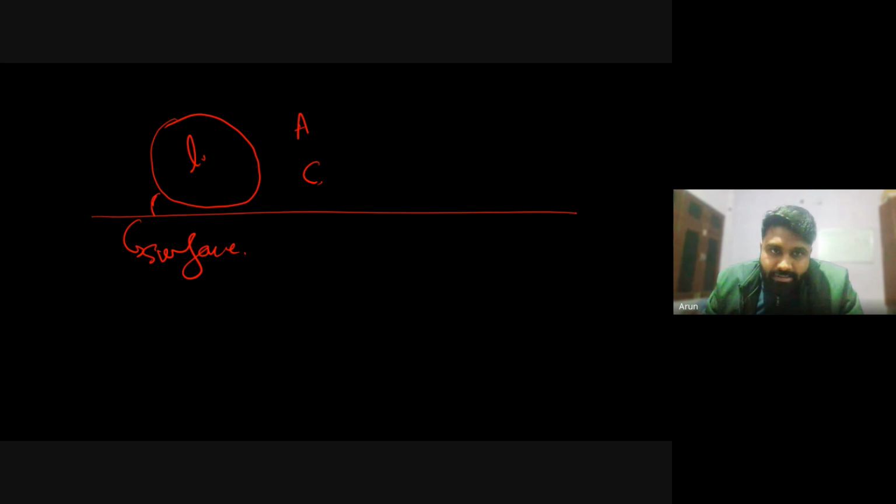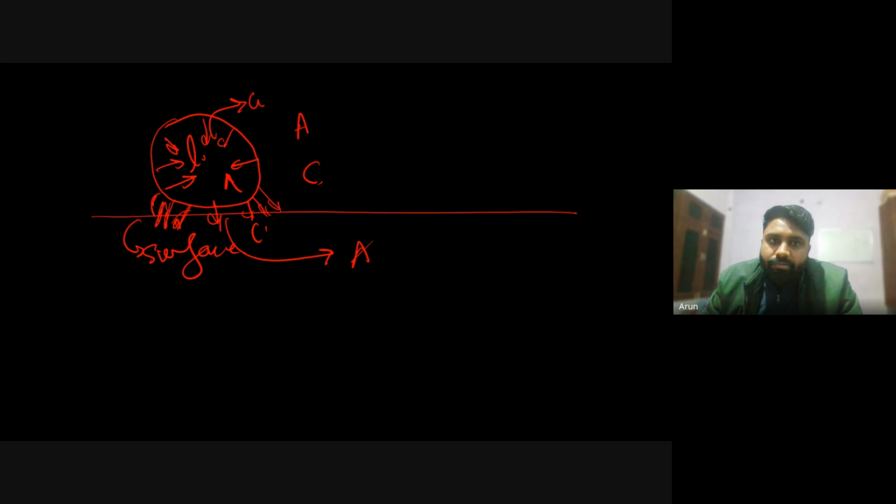If the molecules of this surface apply a force, this is the adhesive force, and inside there are also attractive forces acting, which are nothing but the cohesive force. Now, if the cohesive forces are dominating, the contact surface will shrink because here the cohesive forces are larger in nature.